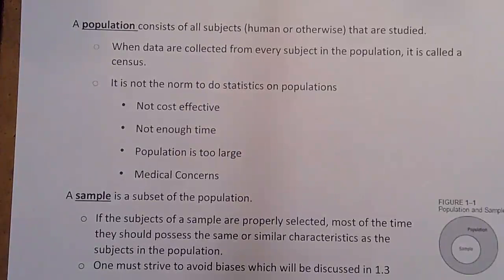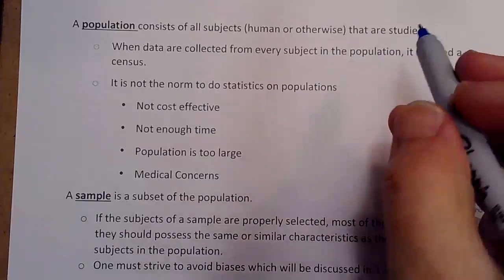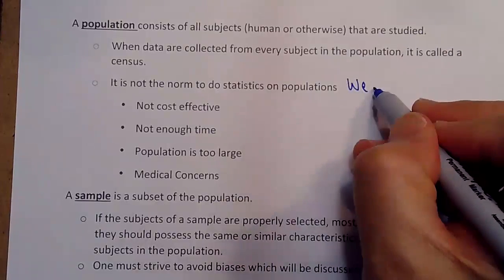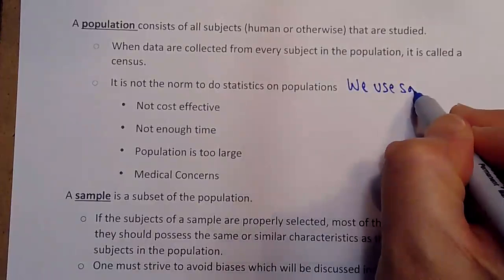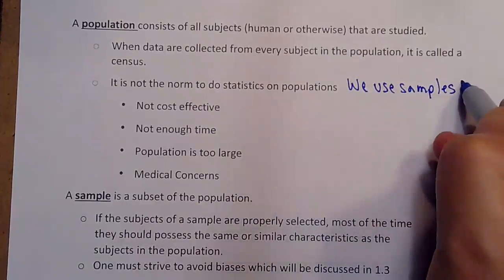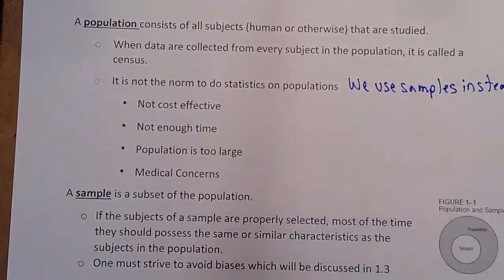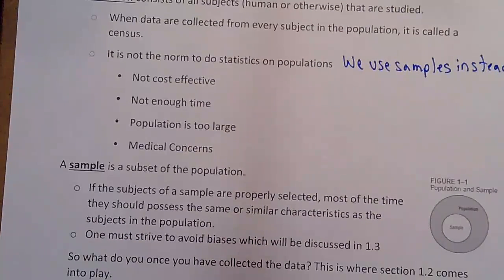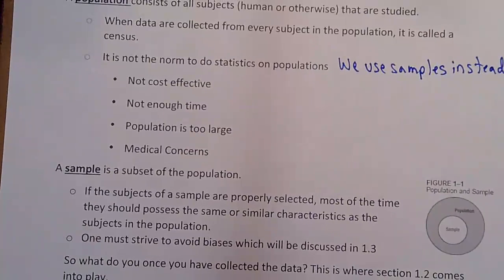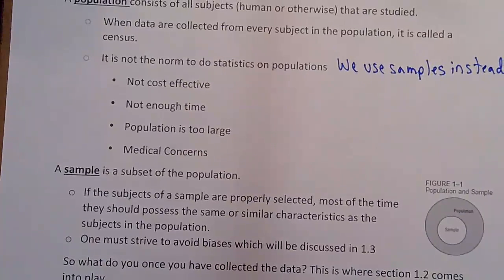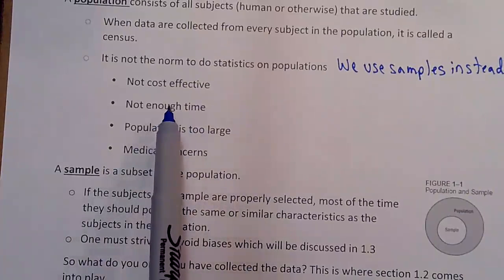It says here that it is not the norm to do statistics on populations, okay? And instead what we do is we use samples. So I'm gonna write that down. Instead. Okay. And the reason why we use samples and not the entire population is because it's not cost effective.